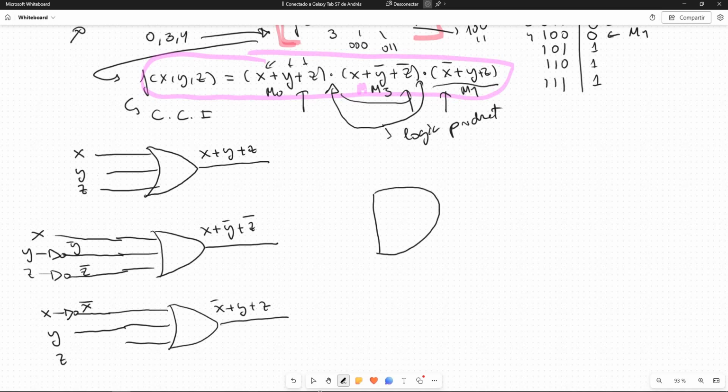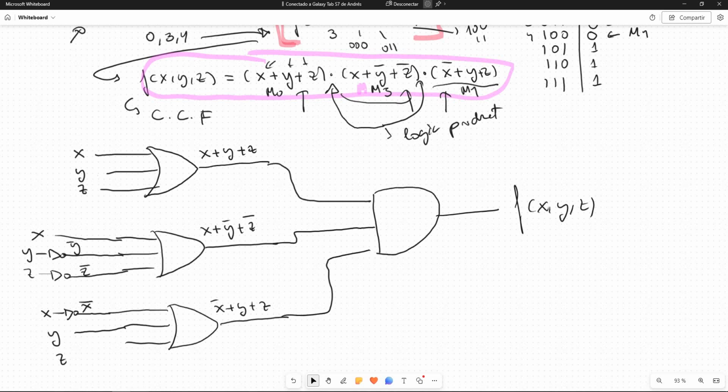Since we have 3 inputs, this is the function implemented using logic gates and coming from its conjunctive normal form. I don't know if you have doubts, just tell me, okay, when you watch this.